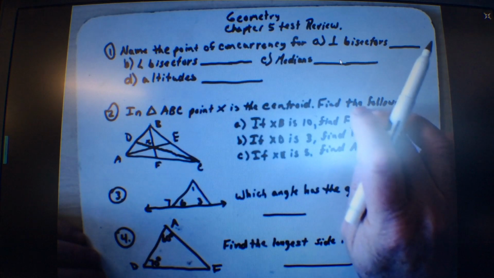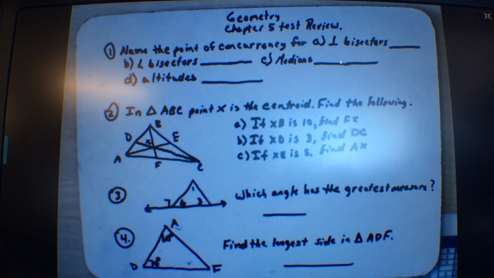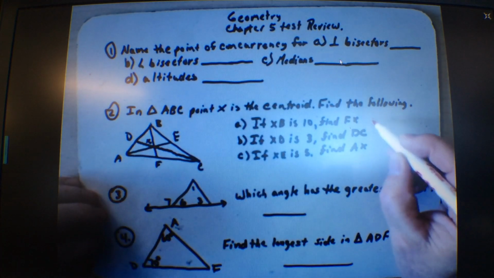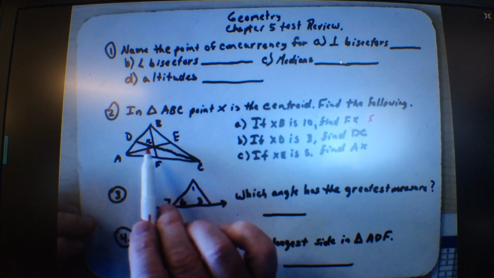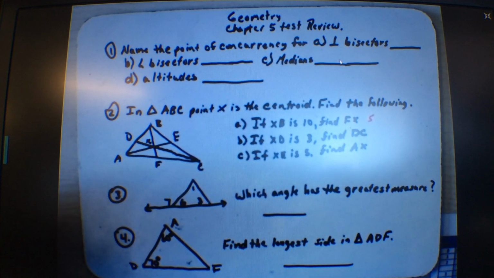All right, now let's take a look at this. Do you want me to do the answers in a different color, or are you good? Yeah. Okay. Take a look at the next one. If XD is 3, find DC. If XD is 3, how big is DC, the whole thing?